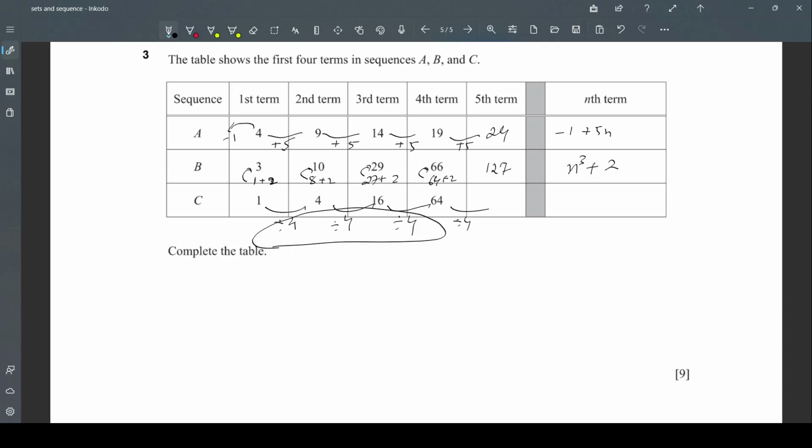Or else we can say that 4 times 4 is 16, 16 times 4 is 64, and 64 times 4 is 256, right? So your next term will be 256. Also the nth term will be, as I told you, a times r to the n minus 1, where a is 1 and r is the ratio, that is 4, and n minus 1. This will be your final answer.